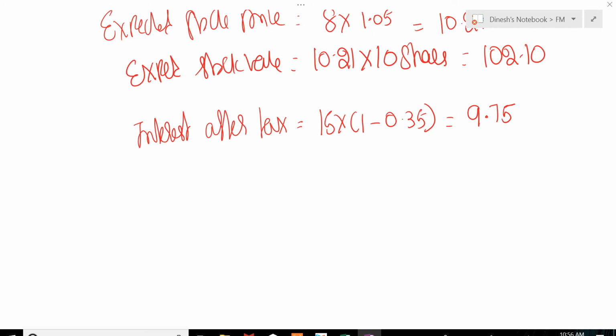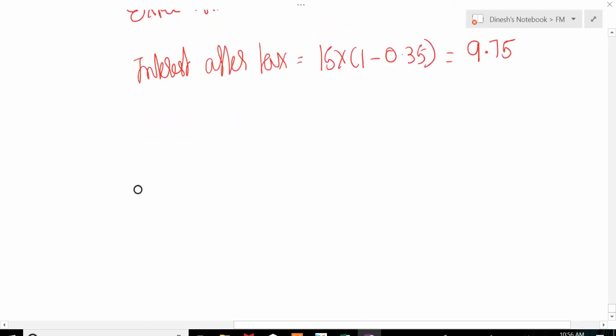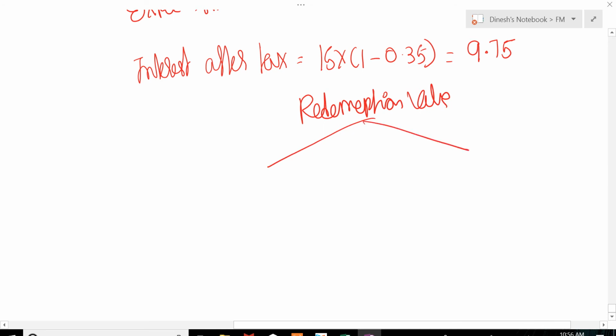Now I cannot straight away go and do average other cost, so I'll have to do a calculation for redeemable value. Next, redemption value. In the center of the page, write redemption value. Split it into two: bond and shares. You can redeem it as a bond itself, or you can redeem in the form of shares.